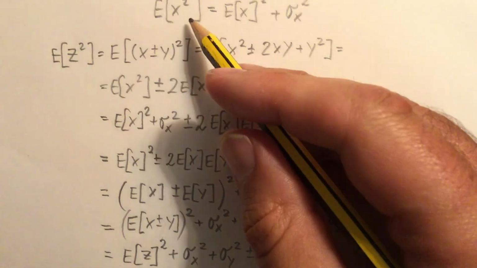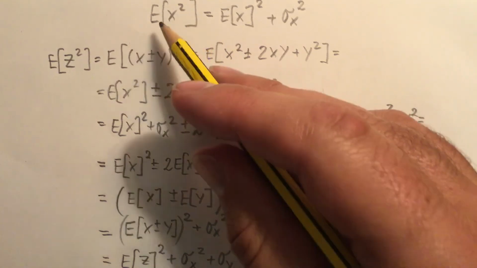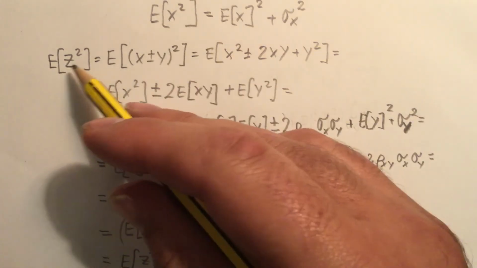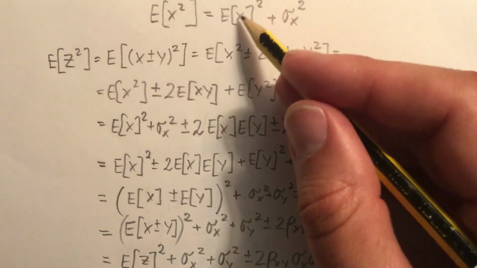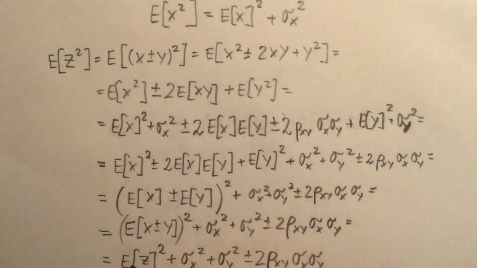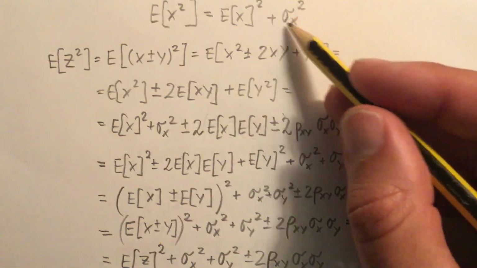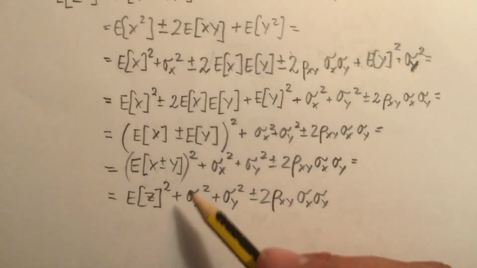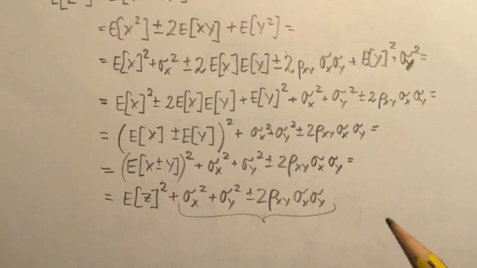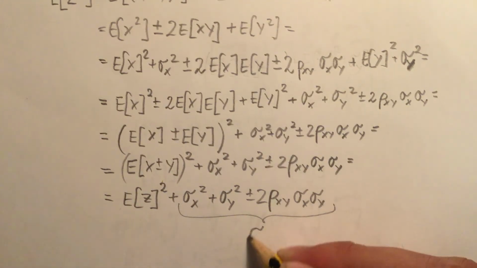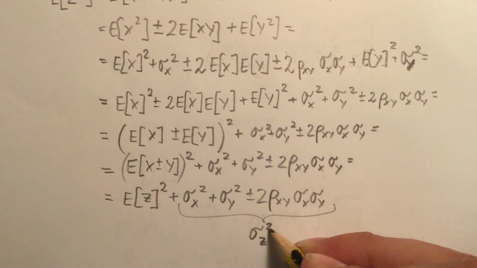But we know from this expression here that the expected value of z squared is equal to the square of the expected value of z, here it is, plus the corresponding variance. So this has got to be the variance of z.